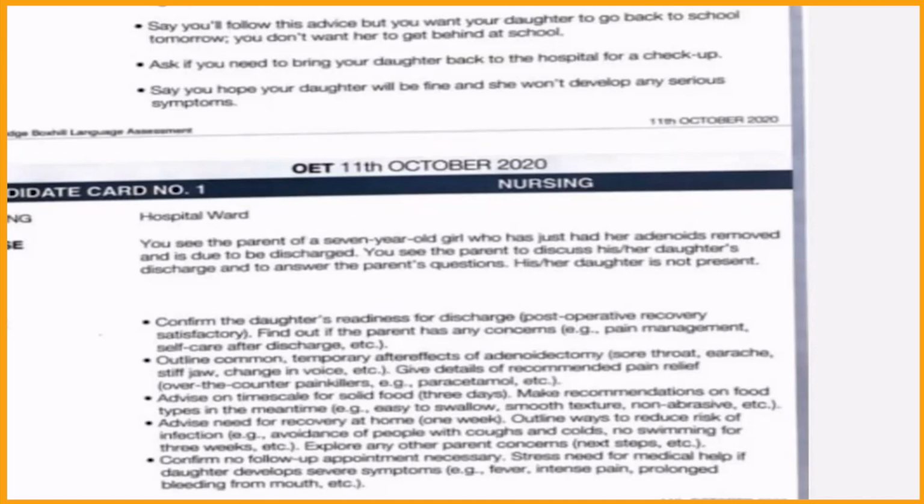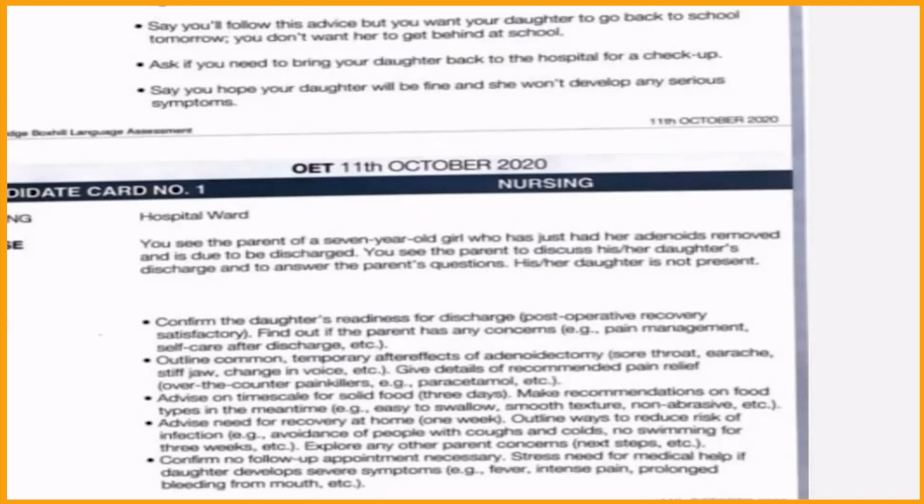You're saying that the daughter should avoid people with coughs and colds, and she should not be allowed swimming for 3 weeks. So you're explaining some ways how further infection can be reduced. This is the second subtask, and then the third task is explore. Explore means find out any other parent's concerns. Next steps means the next step she needs regarding the doubt she has. That is what is meant here.